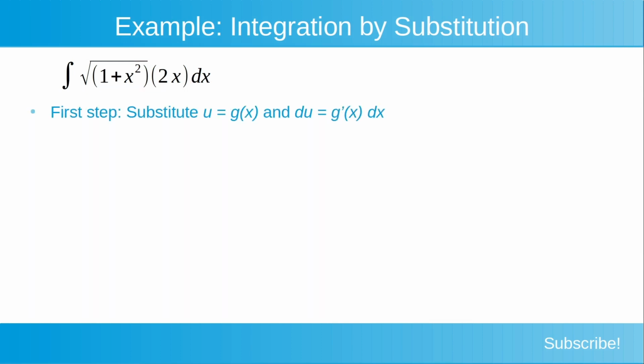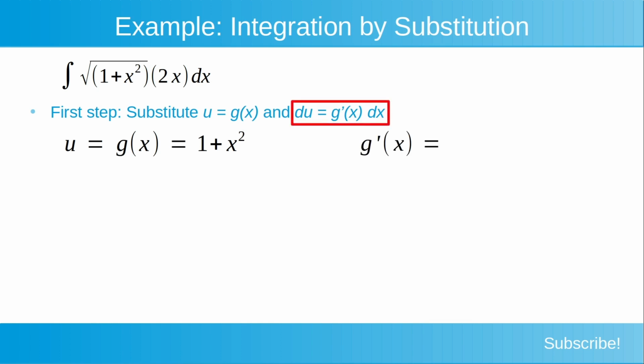For our first step, we want to substitute the variable u for the function g of x. And we want to substitute du for the terms g prime x dx. We have the function g of x, that's equal to 1 plus x squared. So we want to set 1 plus x squared to be equal to the variable u.